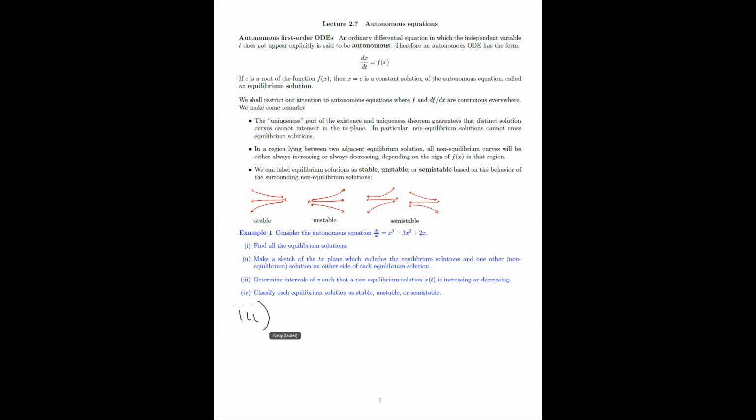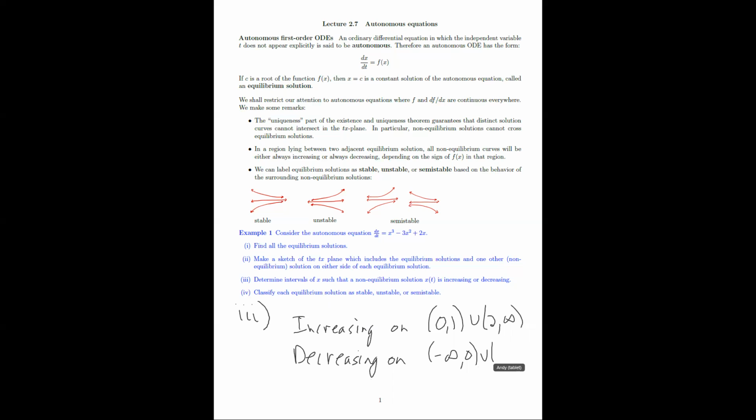If we just look at the phase line, our solution X is increasing on 0 to 1 and 2 to infinity. To be fair, our picture in part 2 also showed this. But really, we only need to think about the phase line in order to know this answer. And moreover, it was decreasing on negative infinity to 0, union 1 to 2.